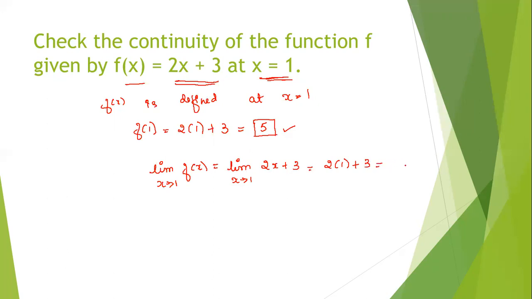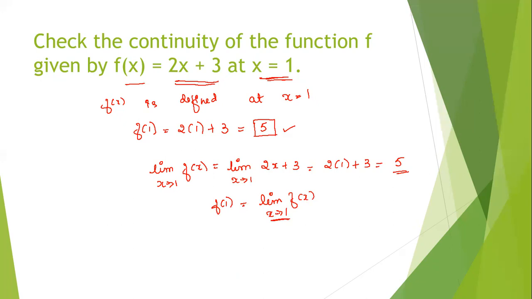So ಇಲ್ಲಿ 5 ಸಿಗ್ತಾ ಇದೆ. So our left hand limit, so now our functional value is same as the limit at x is equal to 1. Correct? What does this mean?